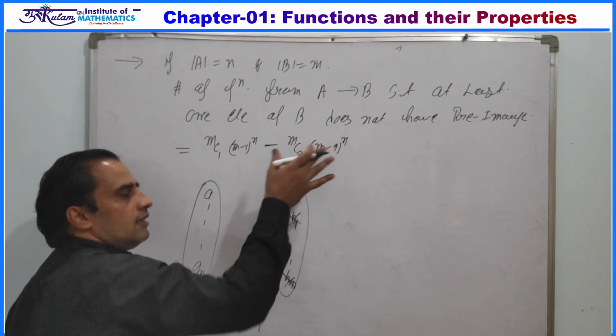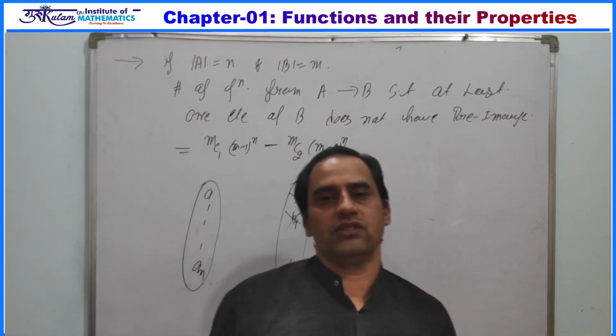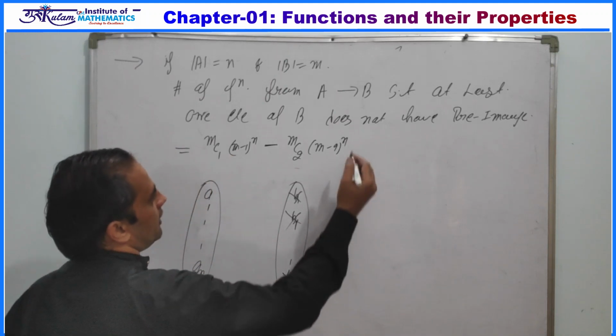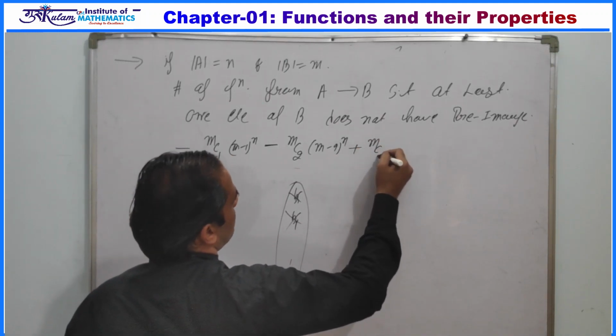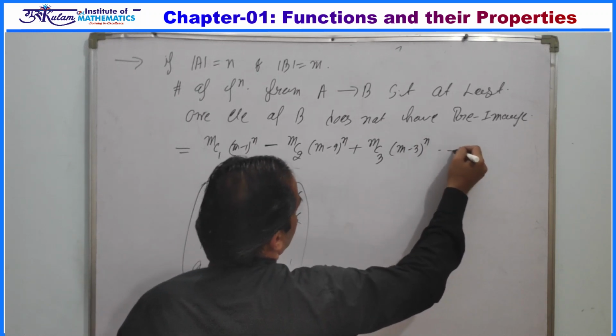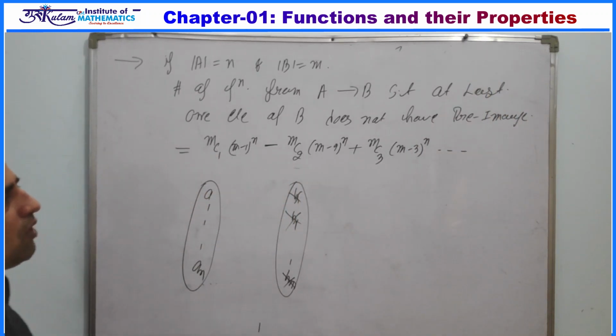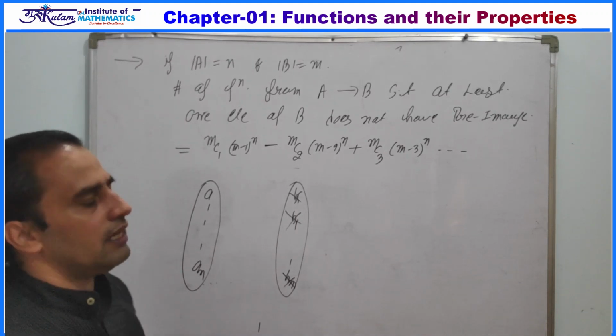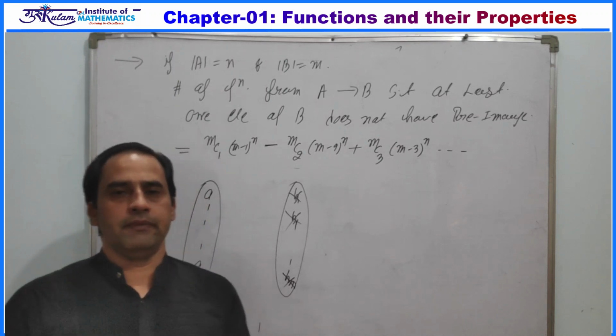In this counting, the number of functions in which 3 elements do not have a pre-image is subtracted 2 times, so we have to add that value: mC3 into m minus 3 to the power n, and so on. So this is the number of functions from A to B in which at least one element does not have a pre-image.